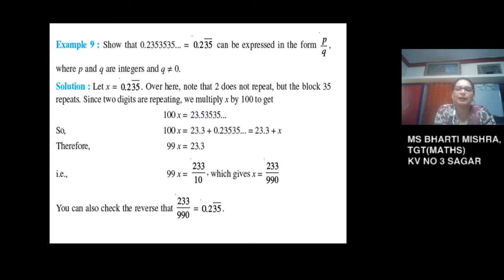So multiplying by 100 on both sides, we get 100x is equal to 23.5353 and so on. So 100x is equal to 23.3 plus x.